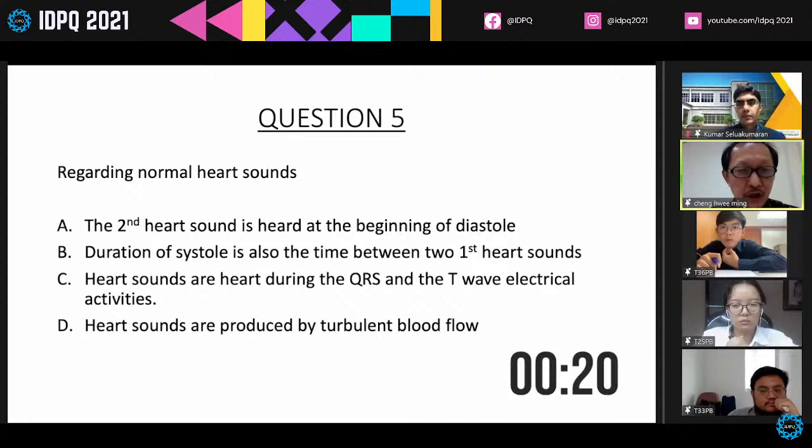The duration of systole is also the time between the two first heart sounds. Heart sounds are heard during the QRS and the T-wave electrical activities. And the fourth one, heart sounds are produced by turbulent blood flow. The time starts now.